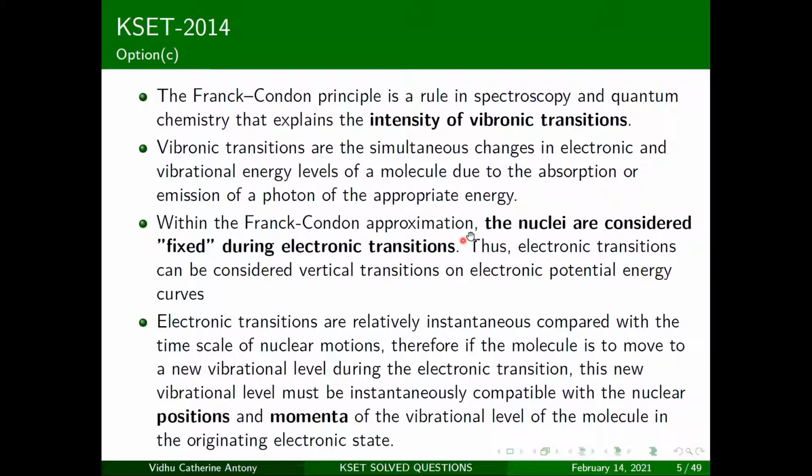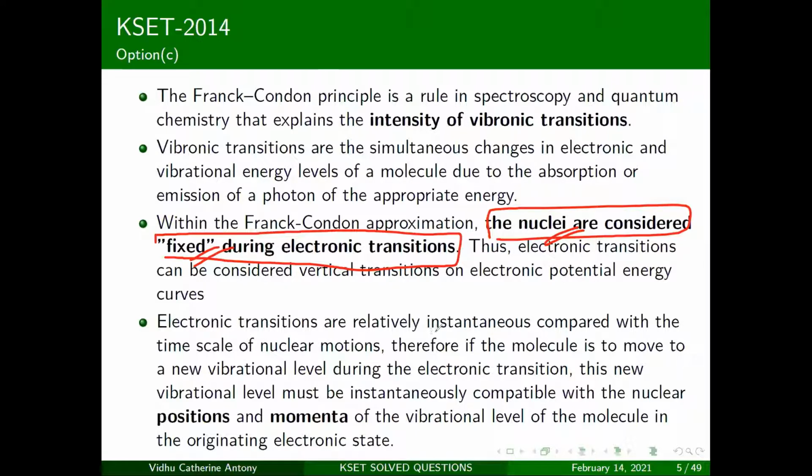Within the Franck-Condon approximation, the nuclei are considered fixed during the electronic transitions. This is the most important point here. The electronic transitions can be considered as vertical transitions on the electronic potential energy curves. You would possibly have looked at these in the third semester of your general AMOP course.